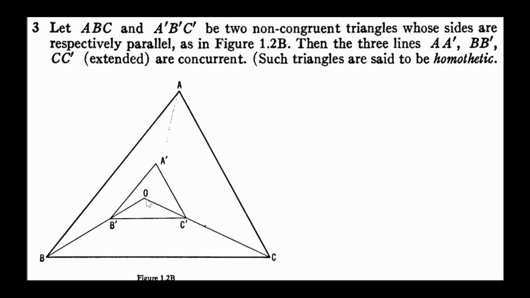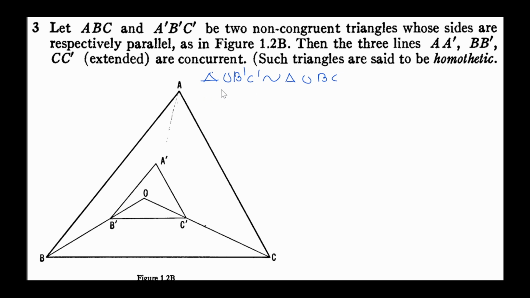Now from triangle OB dash C dash and OBC, since BC is parallel to B dash C dash, triangle OB dash C dash is similar to triangle OBC.